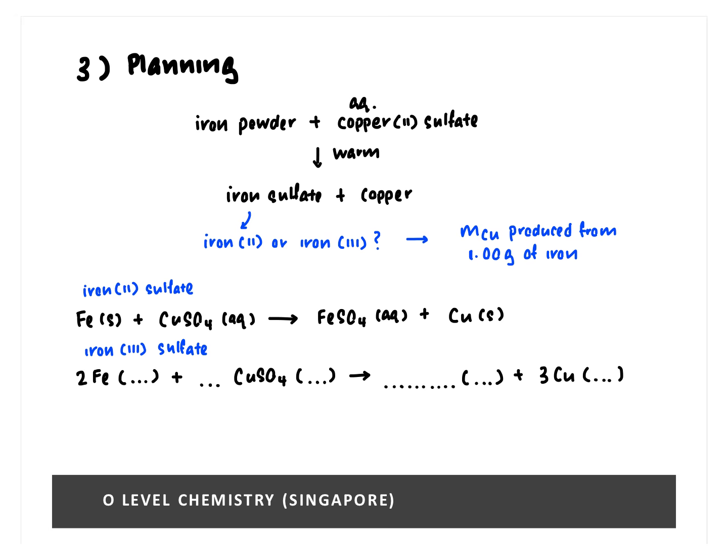Now, where are the hints? Number 1, in the passage they said that when iron powder is warmed with copper 2 sulfate, so you are supposed to underline warm and annotate that it has to be stated in your procedure. Okay, so in your procedure you need to mention warming of the mixture for the reaction to occur.